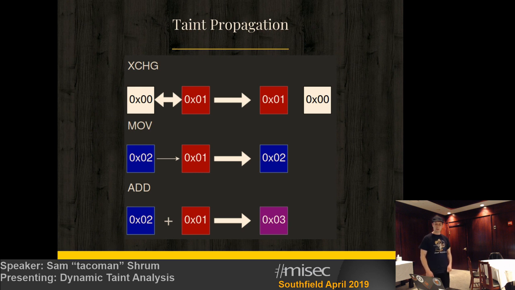Now what gets really interesting is when you have an instruction that looks at 2 bytes as the source, that each have different taint values. And so in this case with add, we're going to be taking both the 1 and the 2, and we're going to be mixing them together and flipping both bits on in the destination.